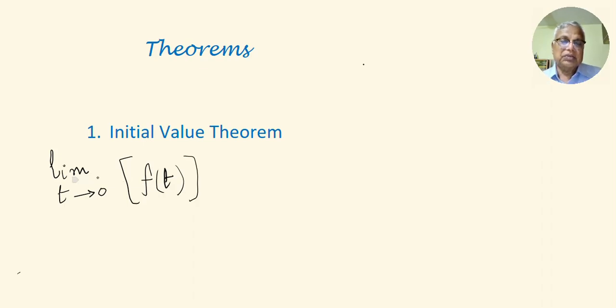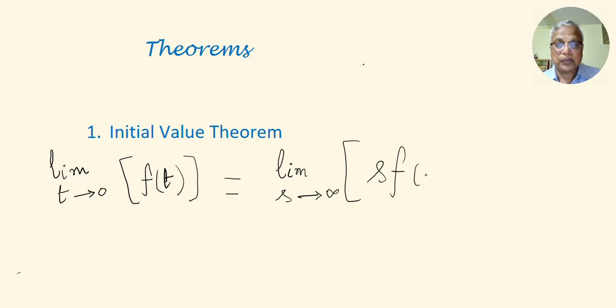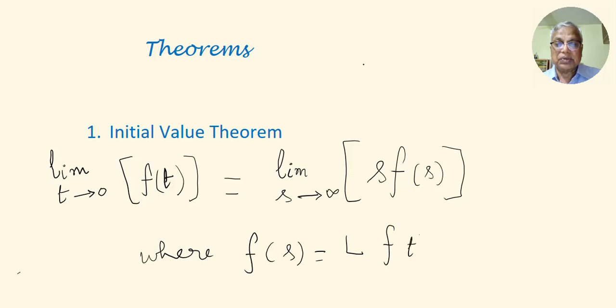So the limit t tending to 0 of f of t will be equal to the limit s tending to infinity of s into F of s, where as usual F of s equals L of f of t, that is, the Laplace transform of f of t.